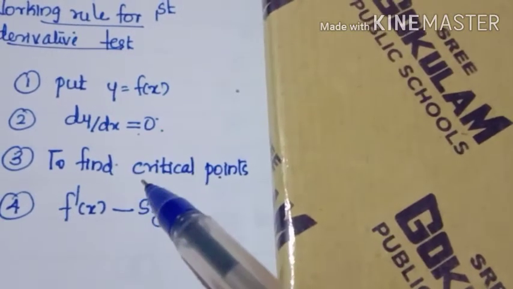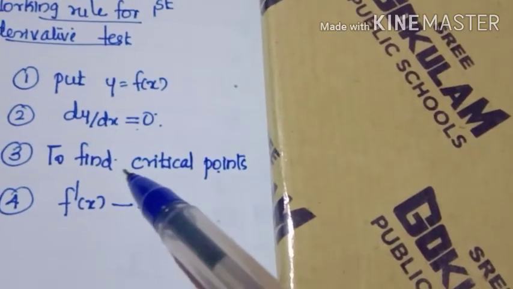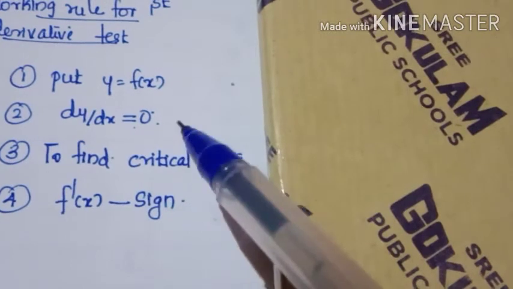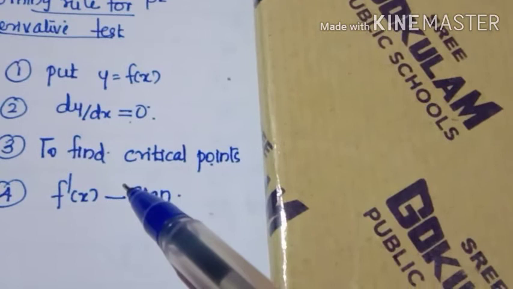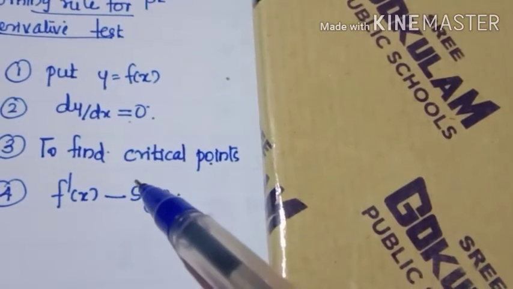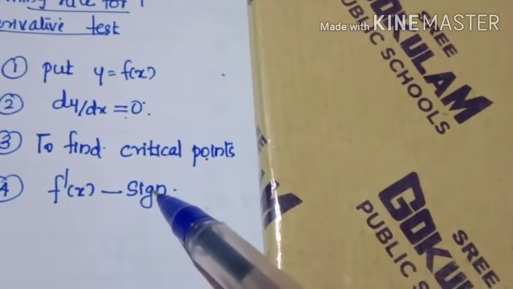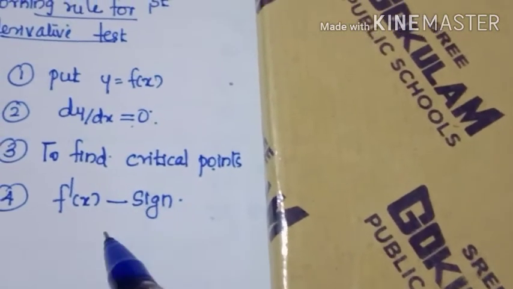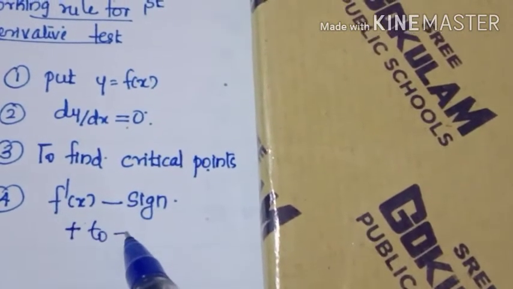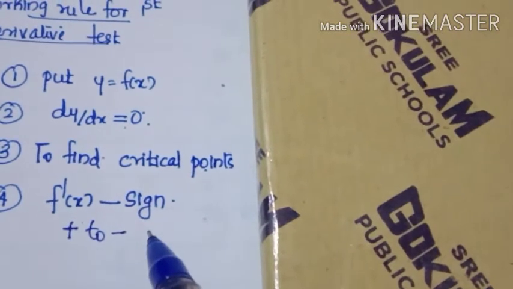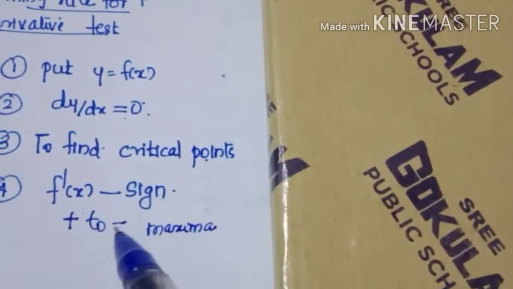After getting these critical points, some of these may lead to local maxima or local minima. So the next step is to check whether these points lead to local maxima or local minima using the sign of the first derivative. If the sign changes from positive to negative, then it leads to local maxima.